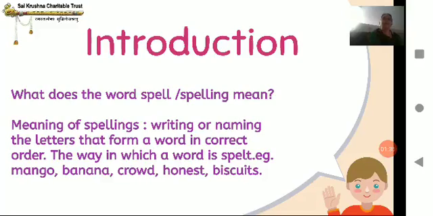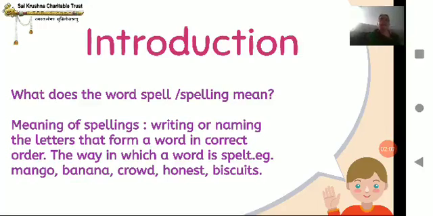Meaning of spellings is writing or naming the letters that form a word in correct order. The way in which a word is spelled, example, mango, banana, crowd, honest, biscuits. So there is a way how we learn these spellings, and to write these words correctly is very, very important.